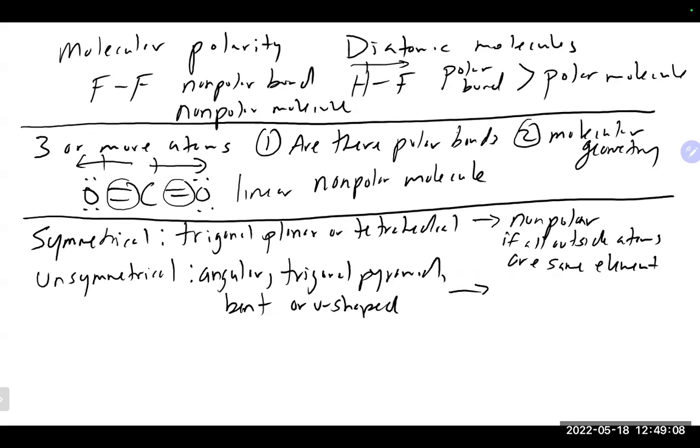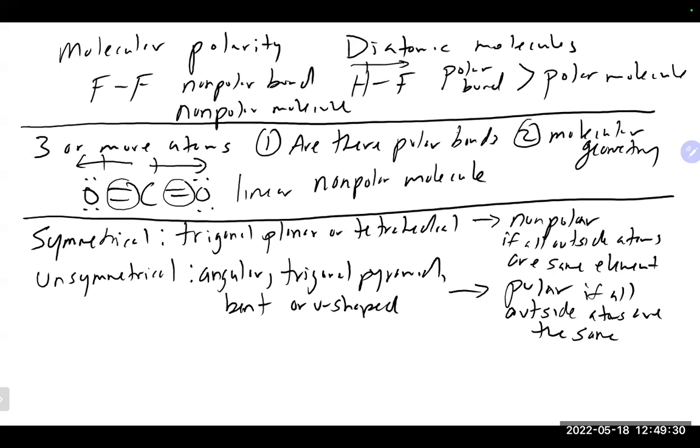These guys will be polar if all the outside atoms are the same. So if you draw any of those guys, you'll have dots on the central atom. If they're all the same element on the outside, it's going to be a polar molecule.